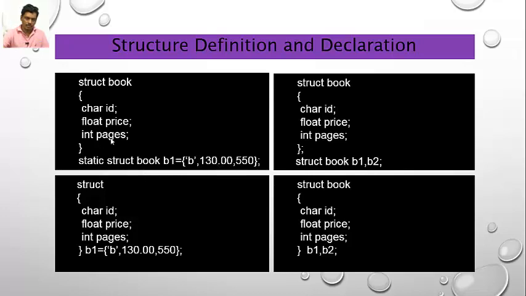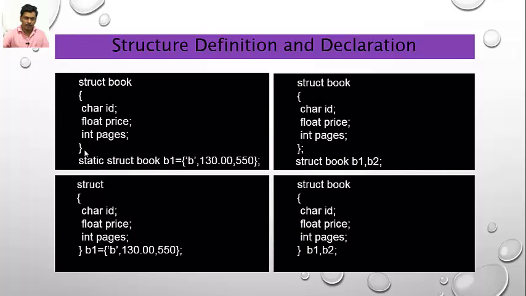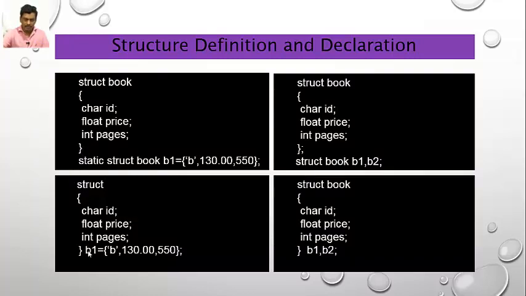We can also write it like this. Struct, but here the book name is missing. Here just the keyword is there. We remove book: character id, float price, integer pages, before the semicolon. At the closing brace there is a semicolon, and before that semicolon we can assign the value: b1 equal to {'B', 130, 550}.